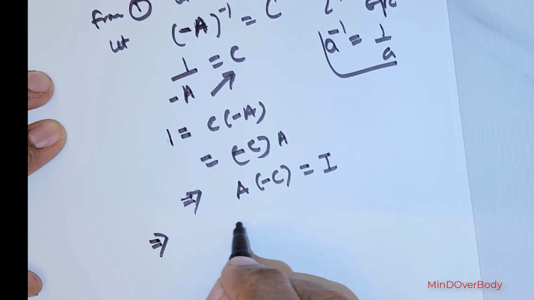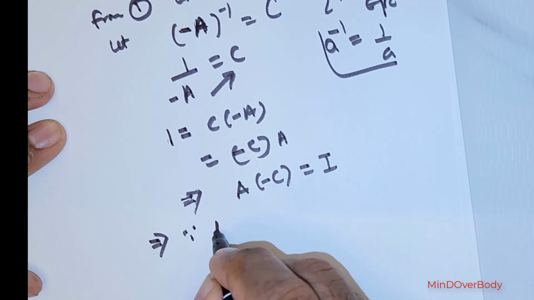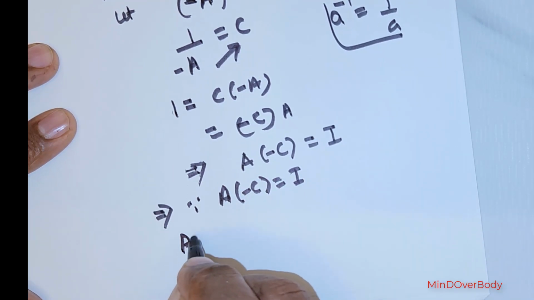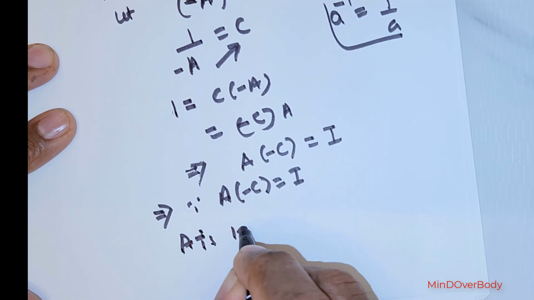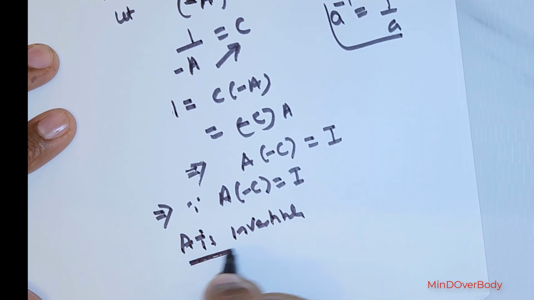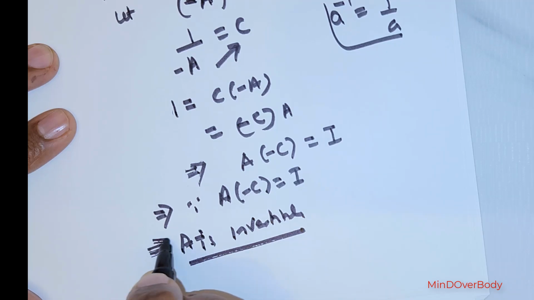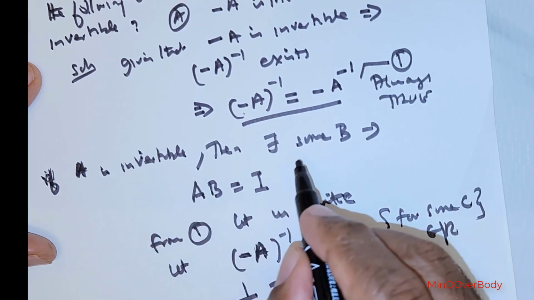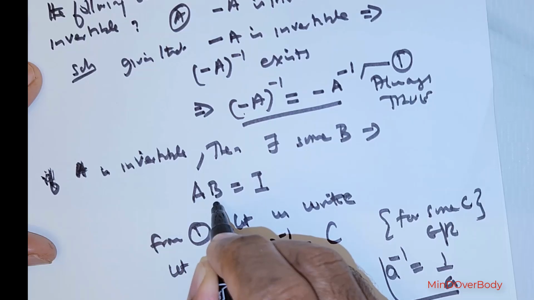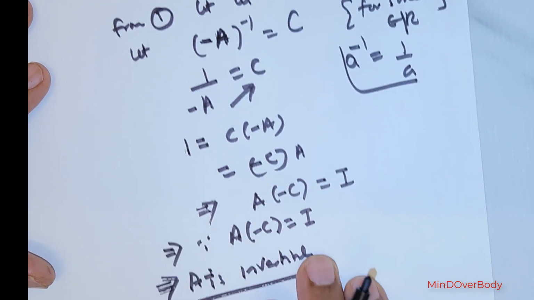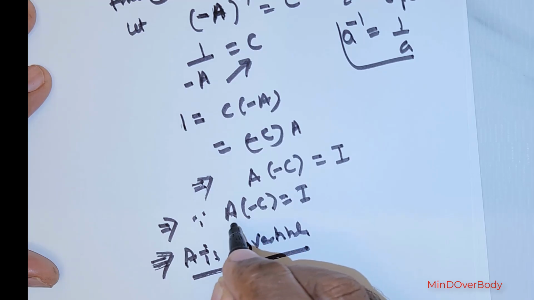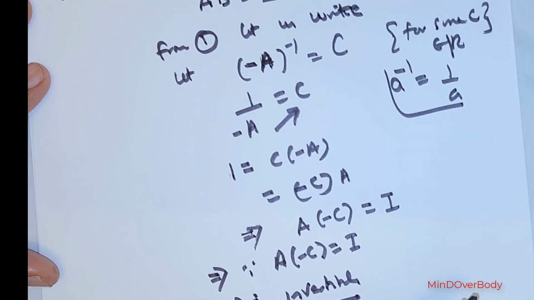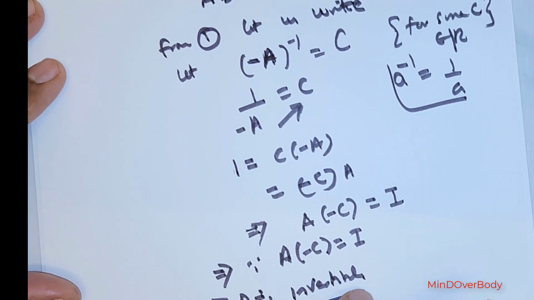This means since A times some C is equal to I, this would mean A is invertible. So that's the meaning of this, because by definition of invertible, if A is invertible, then there exists some B such that A times B is producing I. So in this case also we are able to show that A times negative C is equal to I, subsequently giving us the all important deduction that A is invertible.